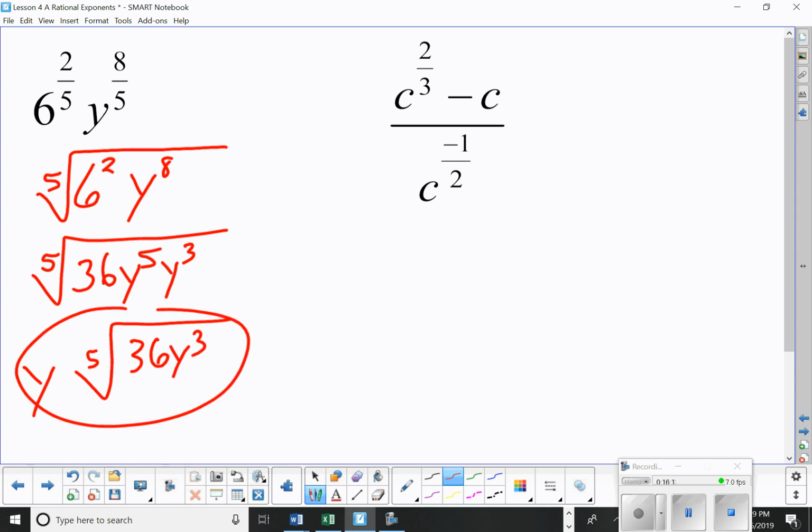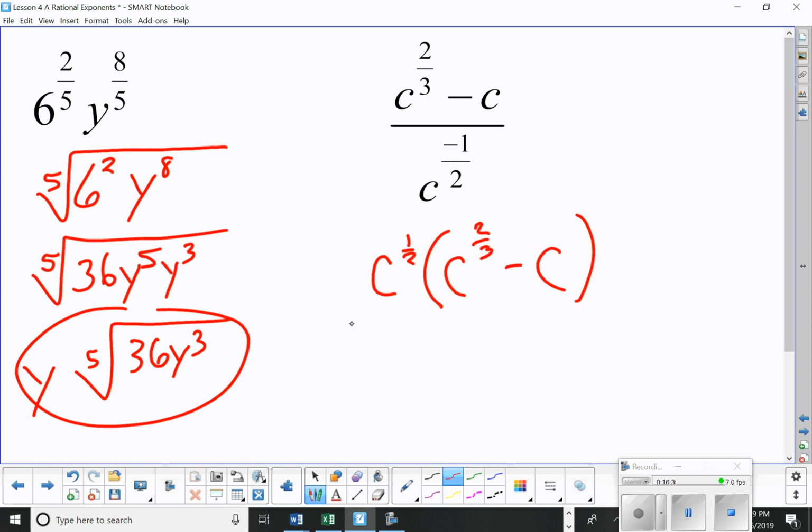Good deal? Nice. This one over here, it was an example that was given in your textbook. If you have a textbook, the c to the 1/2 has to come up. So you're going to have c to the 1/2 times c to the 2/3 minus c.